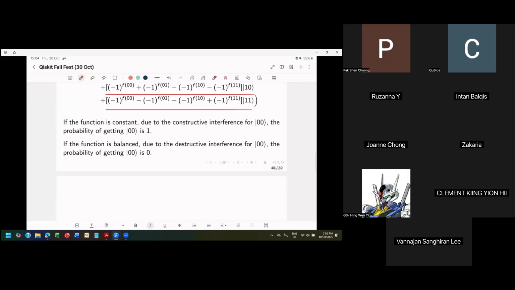Any questions from you guys? Why do we say the period is here? Why do we say it's the period? Because it sort of mimics the constructive and destructive interference in this case.